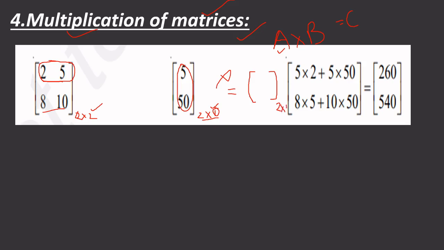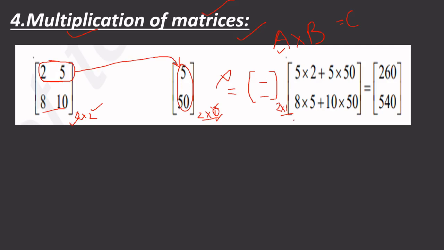How do we find this? We have to see the first element of the first matrix and the last element of the second matrix, 2 and 1. So the order is 2 cross 1. Okay, we know that our resultant matrix is made up of 2 cross 1, only two elements. Now for the first element we multiply the first row with the first column.